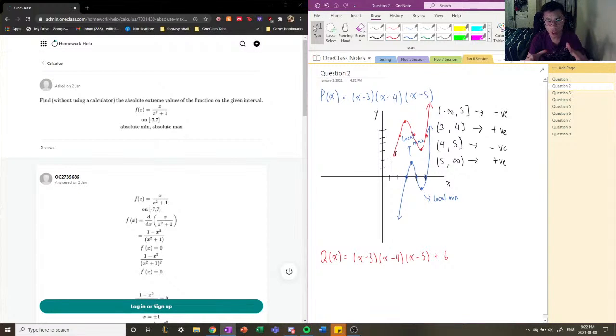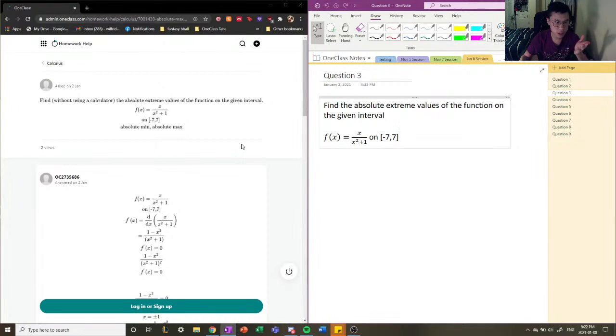That's why when you set a region, you're able to set up an absolute max and absolute min of that region. Whenever we're talking about absolute max and absolute min for polynomial and continuous functions, you always have to define it within a region.